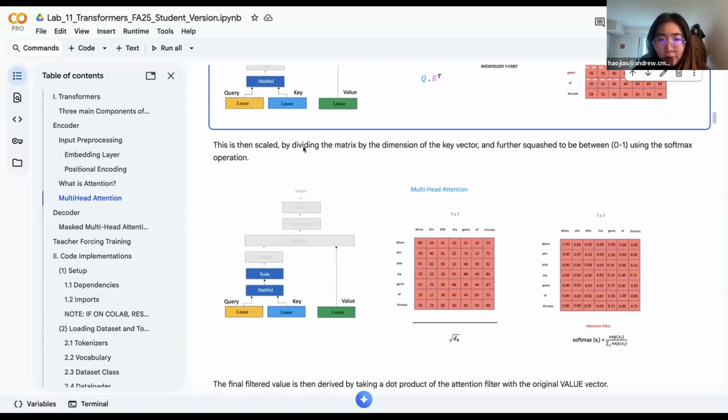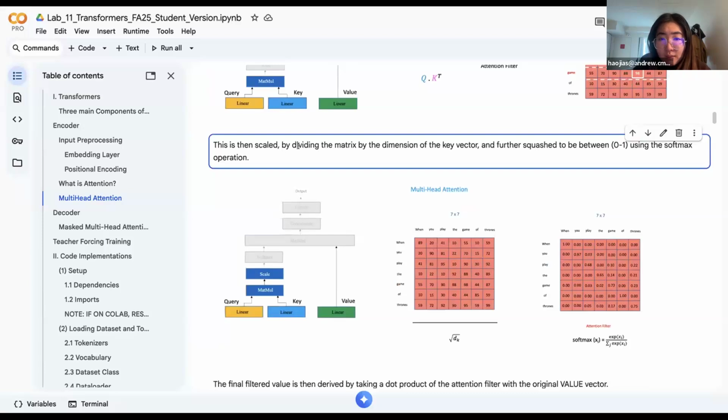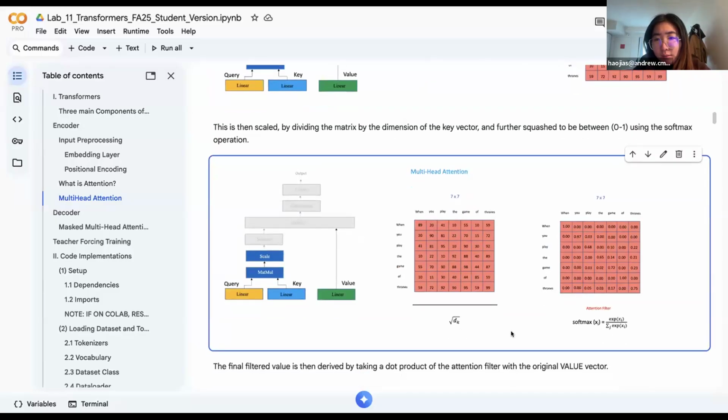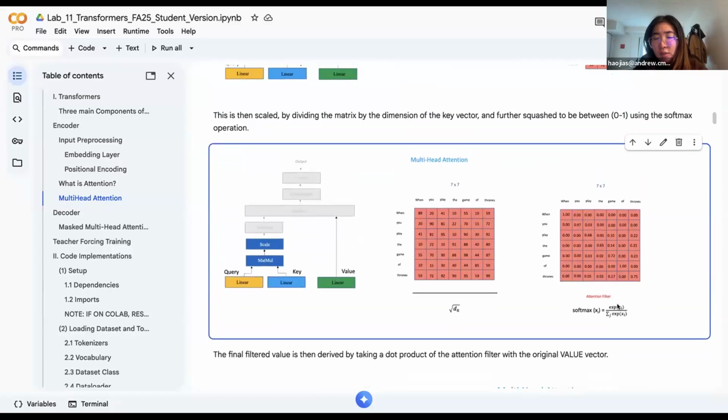After we get this value, we do the softmax. We first divide the matrix by the square root of the dimension of the key vector, dk, and then we do the softmax to calculate the attention and make the results be in the range of 0 to 1.